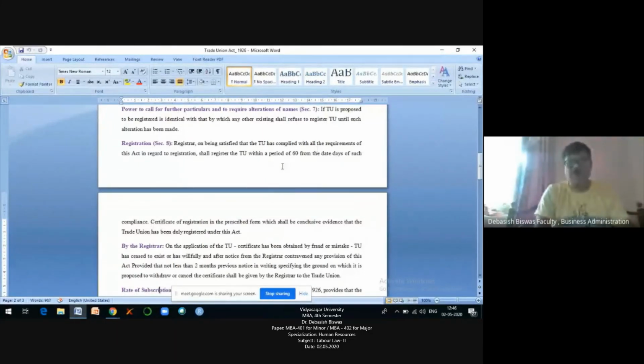Suppose you have applied on 1st April. So you will get the registration by 30th May. That means within 60 days from the date of application, the registrar will give you the certificate of registration. Certificate of registration in the prescribed form, which shall be conclusive evidence that the trade union has been duly registered under this act.